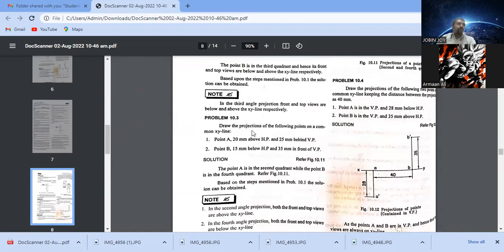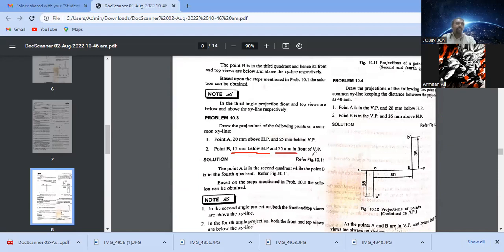Draw the projection of point B, which is 15 millimeter below HP and 35 millimeter in front of VP.